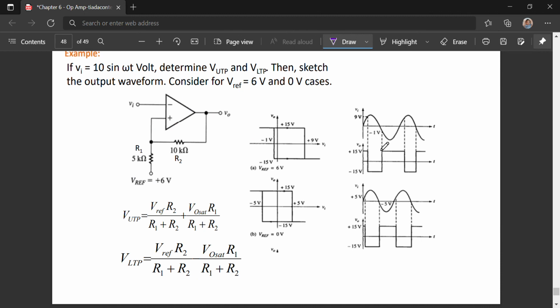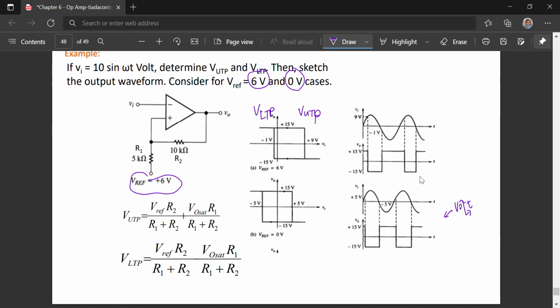This is another example. Here Vref is changing from 6 volt to 0 volt. You can try and get the output Vout over t. You can see there is a difference: when you have a different Vref, you will get different VUTP and VLTP.